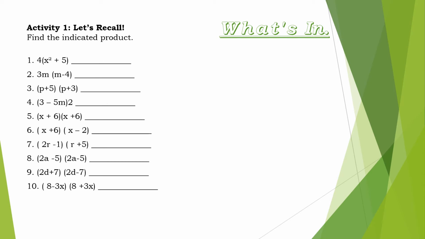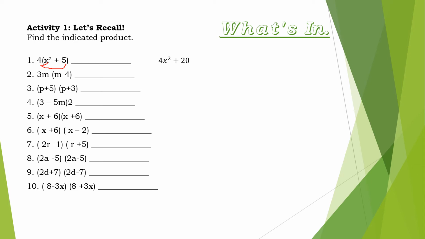For number 1, just simply apply the distributive property. 4 times x squared, that will become 4x squared. Then 4 times 5, that will become 20. So the answer there is 4x squared plus 20.